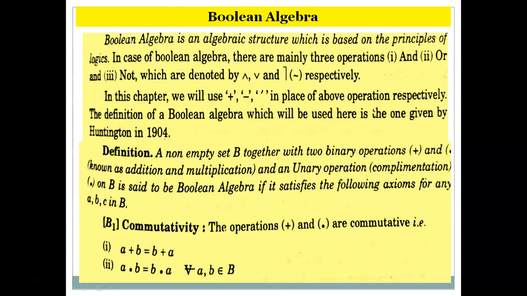So first, what is a Boolean algebra? A Boolean algebra is an algebraic structure which is based on the principles of logic. So you should understand the meaning of algebraic structure.